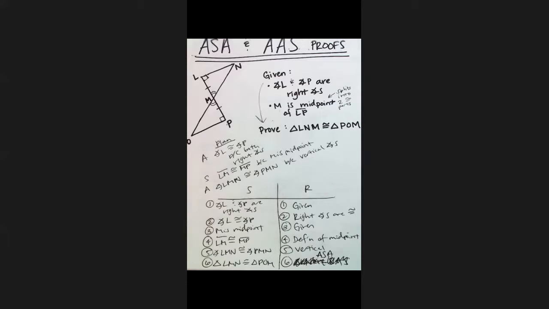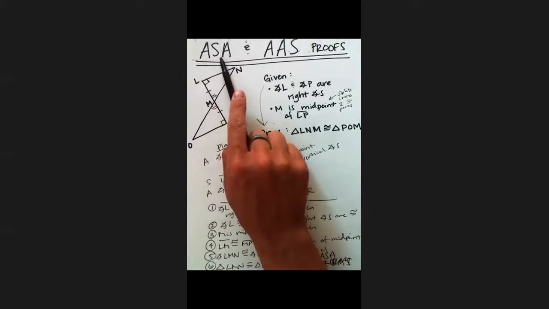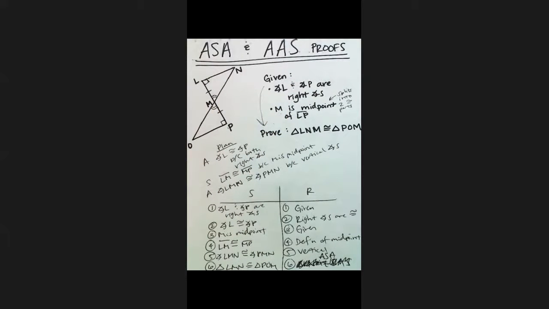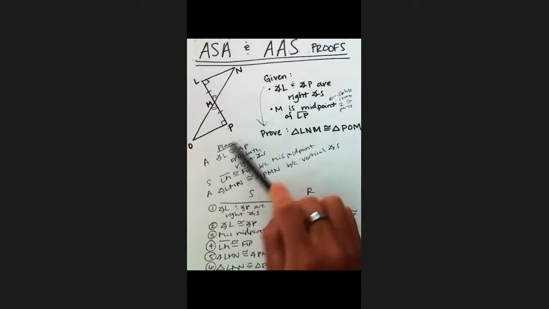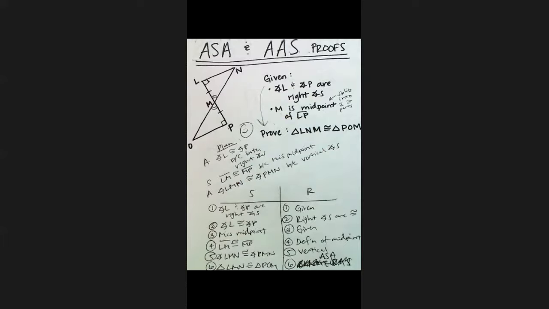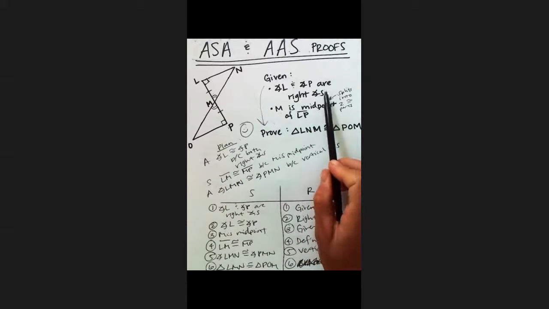All right, so let's do a quick review. If you remember from our last lesson, we talked about side, angle, side, and side, side, side. Today we went ahead and talked about angle, side, angle, and angle, angle, side. So a very useful tip when doing triangle proofs is to plan. If you plan, it might cause for organization. It'll make your statements and reasonings much easier. So we started our plan with our given information. And we talked about our midpoint.